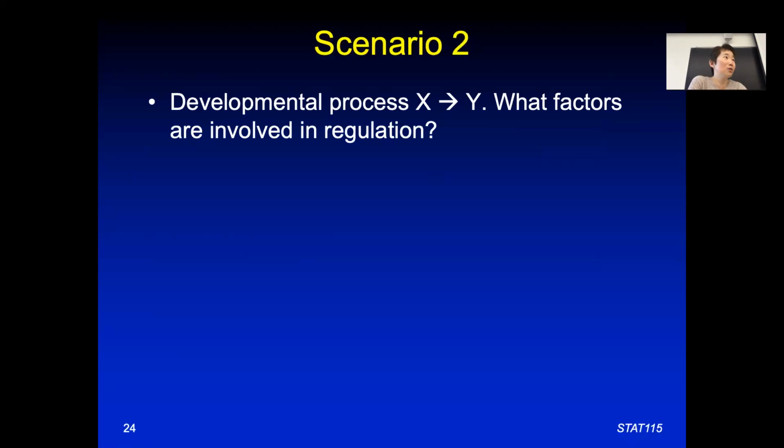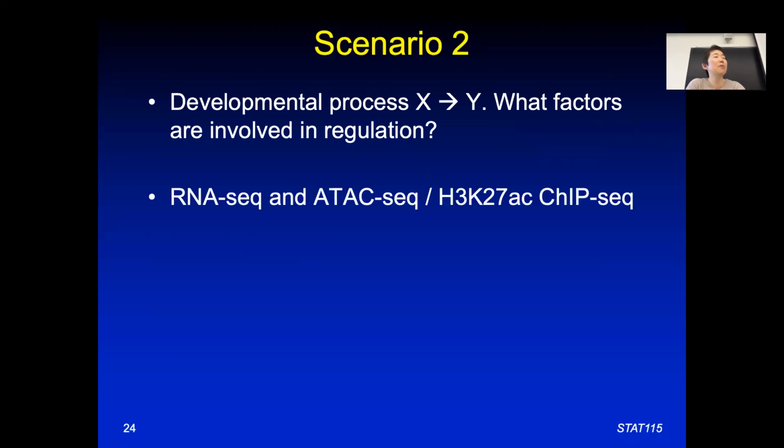But you can do RNA-seq on those, like 10,000 cells you can do, right? You can also do ATAC-seq now, or you might be able to do some histone mark ChIP-seq. In terms of understanding what transcription factor might be important, I would say ATAC-seq and K27 acetylation ChIP-seq are the most informative ones.